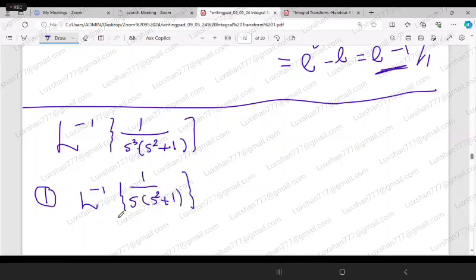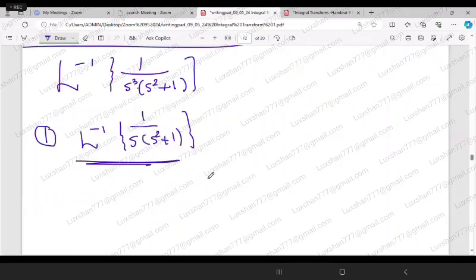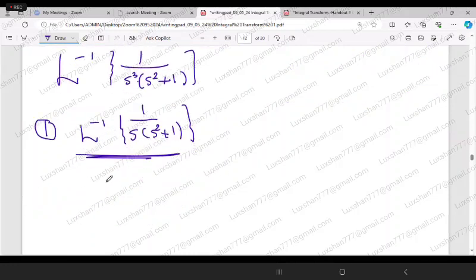To find this one, we find the inverse Laplace transform of 1 over s square plus 1. What is the inverse Laplace transform of 1 over s square plus 1? Can anyone tell me the answer of this one? This is equal to sine t, no?